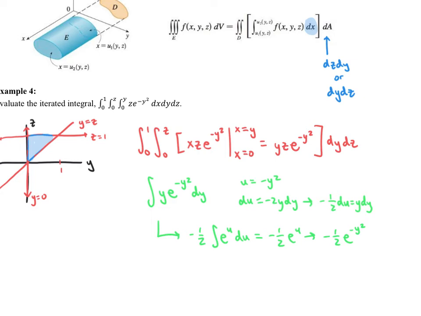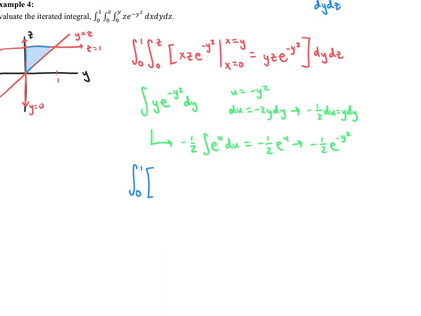I have still this integral 0 to 1, but our antiderivative is that negative 1/2 e to the negative y squared. But remember, I need to tack on the z. So I have negative 1/2 z e to the negative y squared, and y is going from 0 to z, and that gives me negative 1/2 z e to the negative z squared plus 1/2 z.